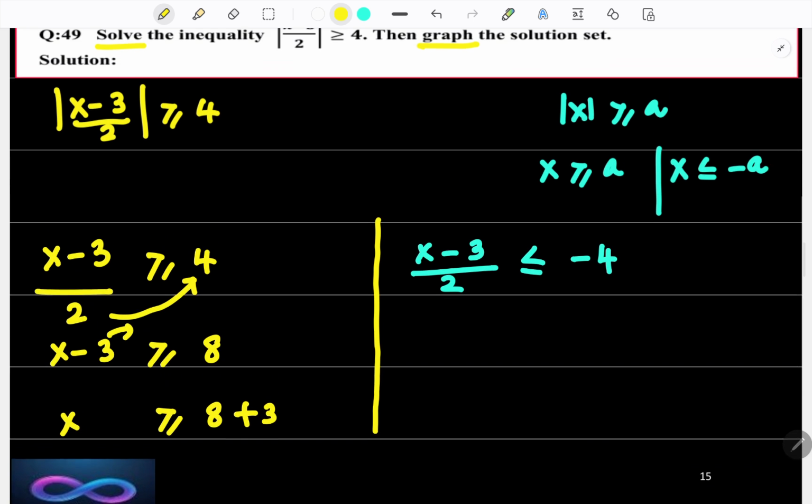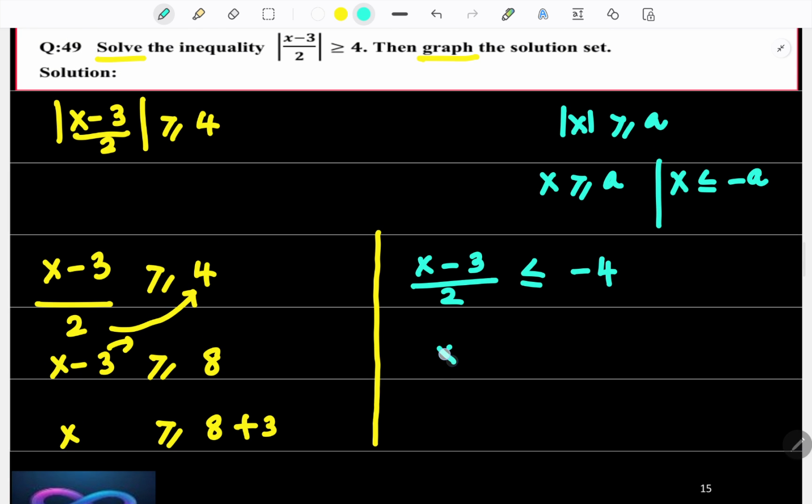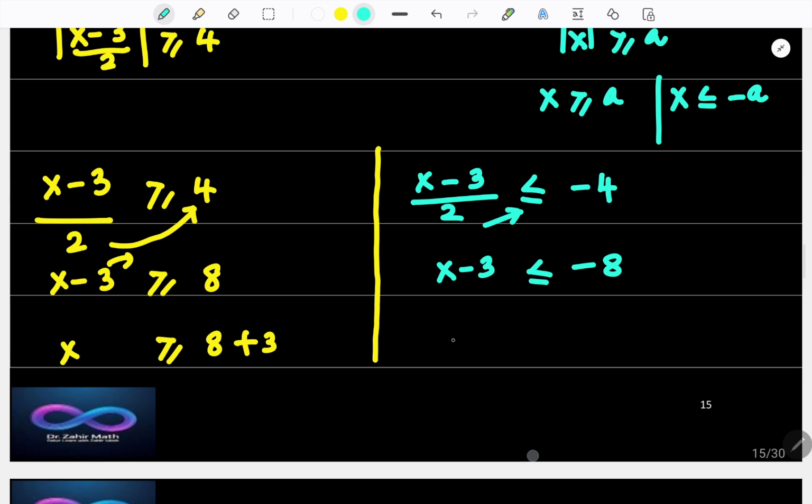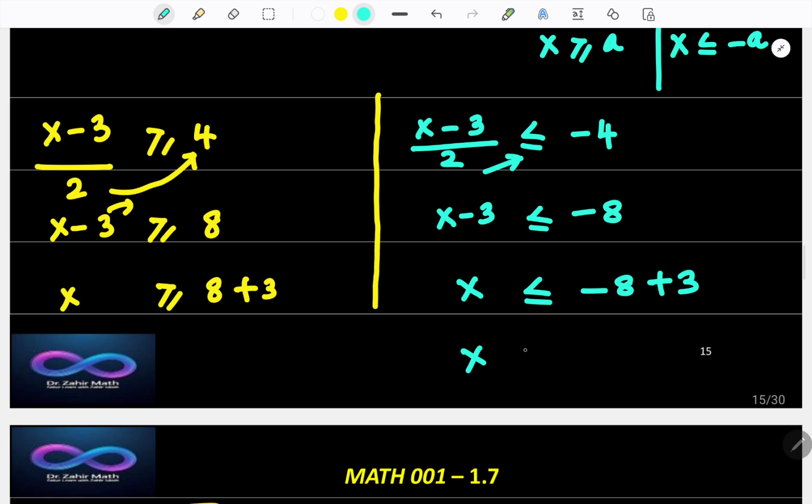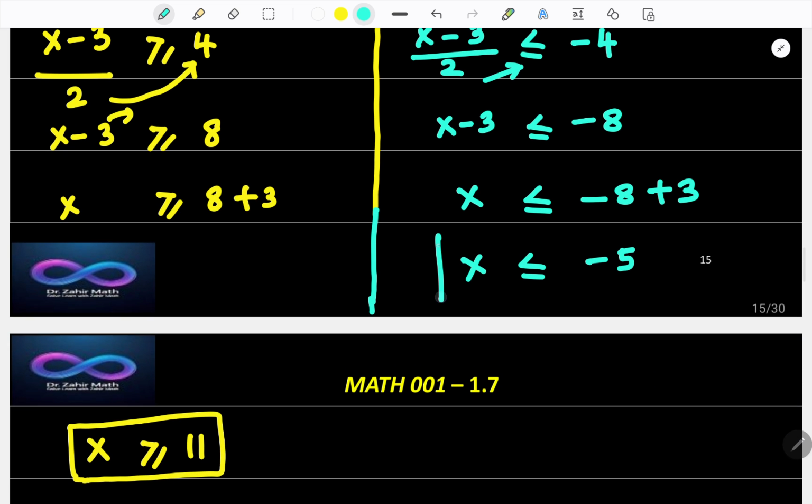Right. Let's see what happens this side. So similarly here x minus 3 is less than or equal to 4 into 2 with the negative sign, which is minus 8. So x is less than or equal to minus 8 plus 3, which is minus 5. Okay, right. So we got one solution here and we got another solution here.